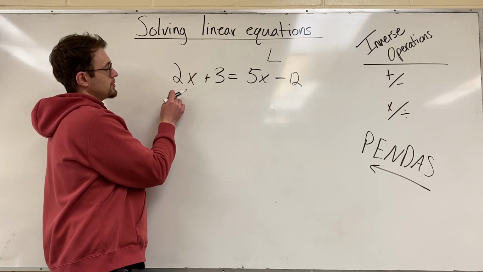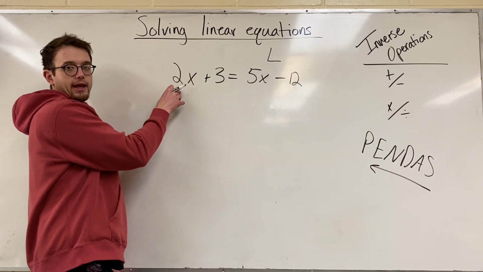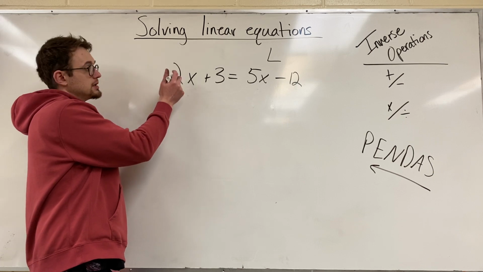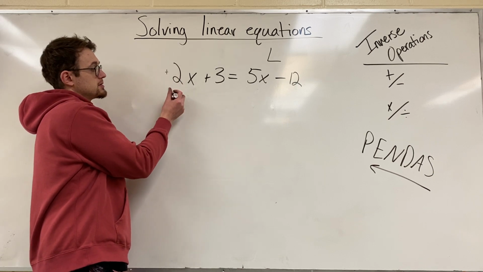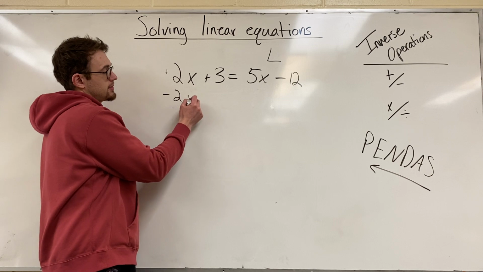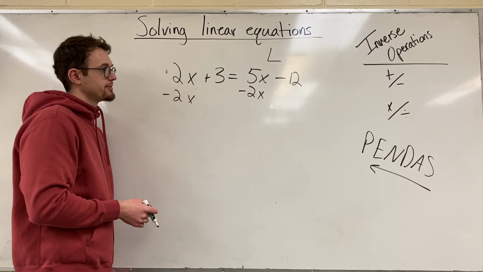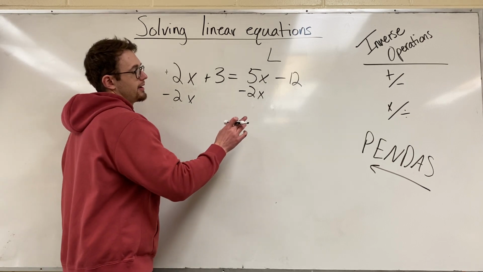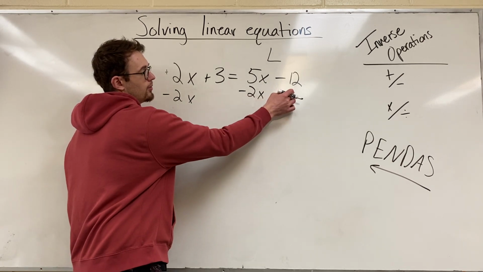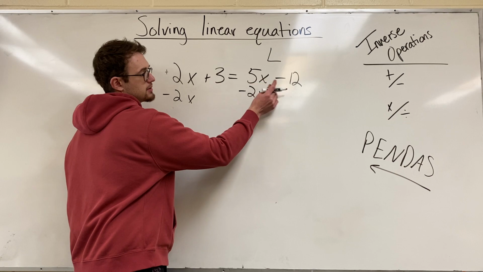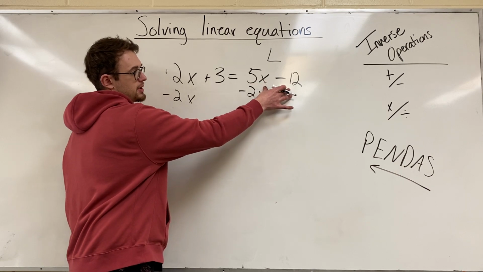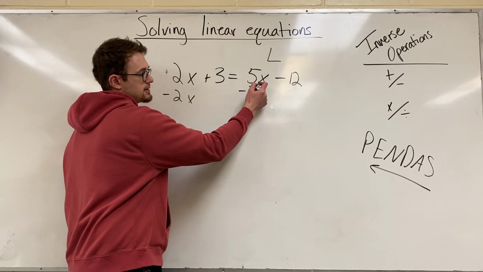So, is this a positive or a negative 2x? It's a positive. So I'm going to subtract 2x, and I'm going to subtract 2x. Now another mistake that students sometimes make is they don't know which of these two things to subtract 2x from. This has an x, and this has an x.